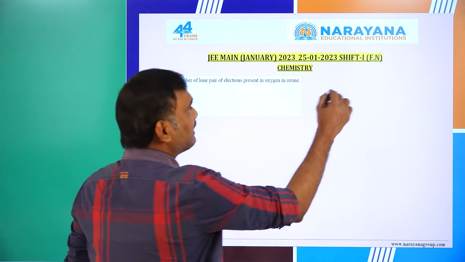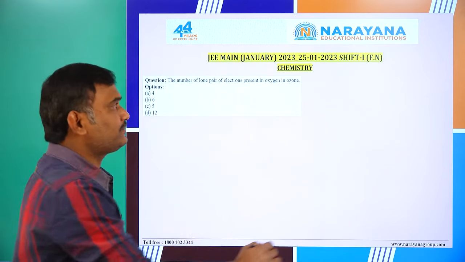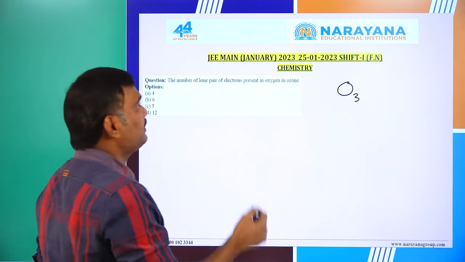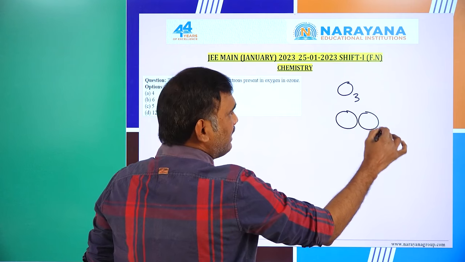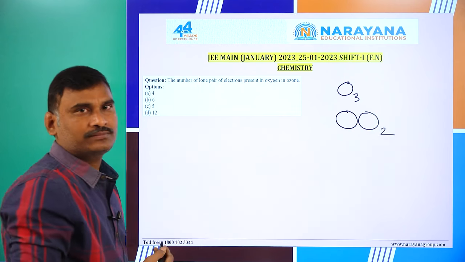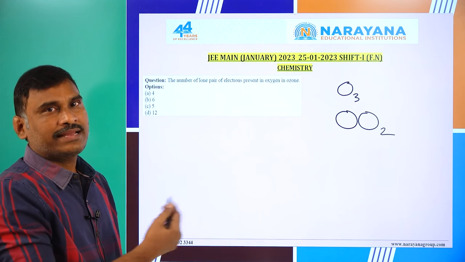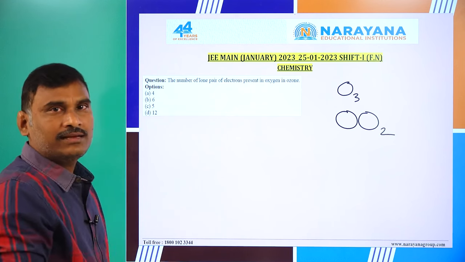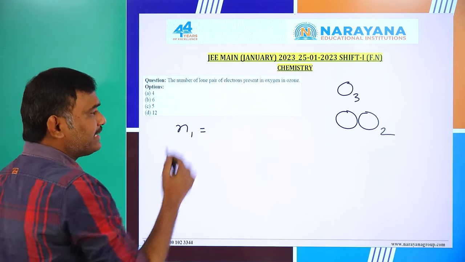Now, I will give you the logic to write these Lewis dot structures. Let us see ozone, that is O3. I can write O as the central atom, because when three atoms are there, one of them must be the central atom and the remaining oxygens are the surrounding atoms. I will give a small logic for this type of question. First calculate N1.